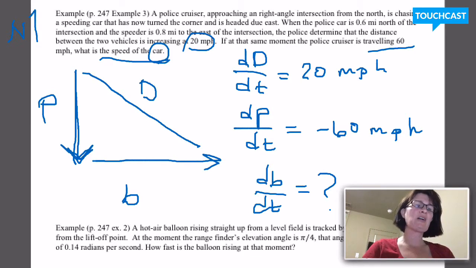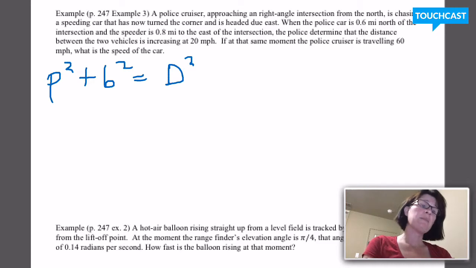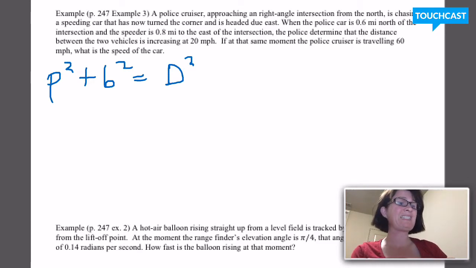Ideally you'll come to the realization that this is a right triangle, and the sum of the squares of the two sides, P squared plus B squared, is always going to equal D squared. That's the equation I'm going to start with. Once I have my equation that relates all of the variables I'm interested in, I'm going to differentiate both sides with respect to t. So how do I take the derivative of P squared?